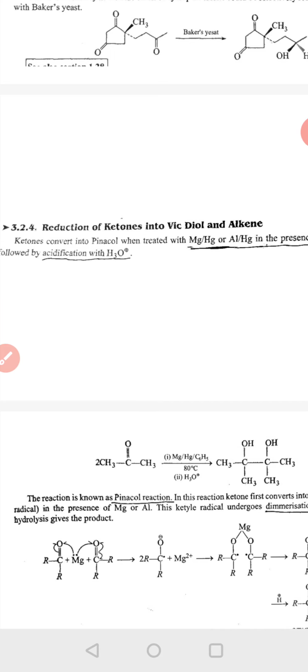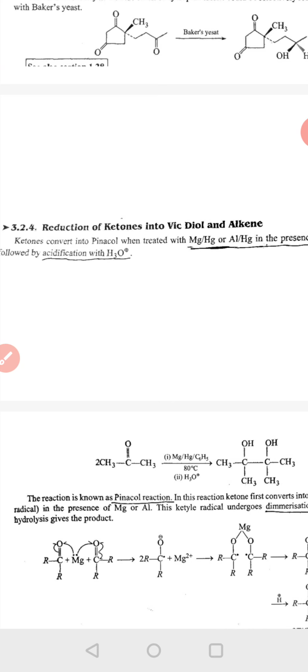So ketones are first made to react with magnesium mercury or aluminium mercury in presence of some aprotic solvent, and in the next step it undergoes acidic hydrolysis and is converted to pinacols.